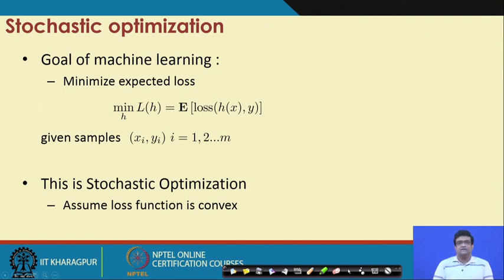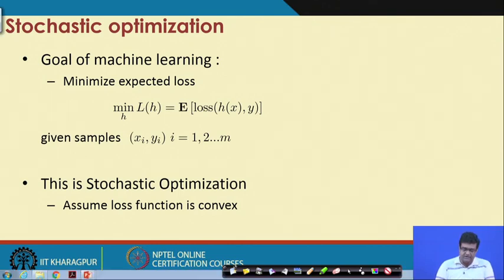So, what is stochastic optimization? One way to think of machine learning problems is that you want to minimize the expected loss over a particular set of random variables.